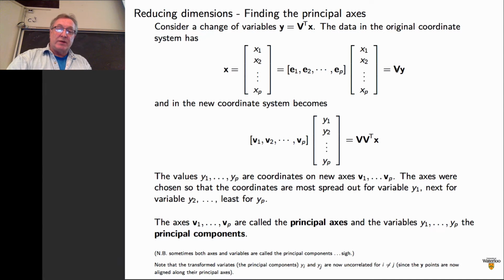What I want to do is write that in terms of these y's, which means I've got a different set of basis vectors, different set of axes, and consequently different coordinates. And so these coordinates, or V V transpose x, are going to give me the actual positions, how far along each one of these orthonormal vectors I have to go.